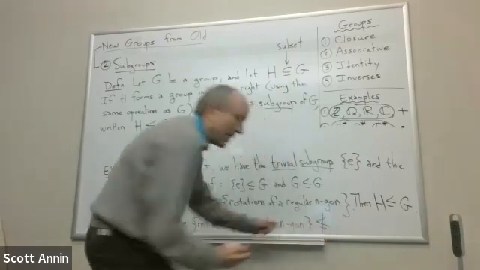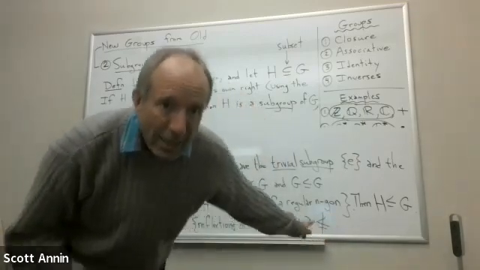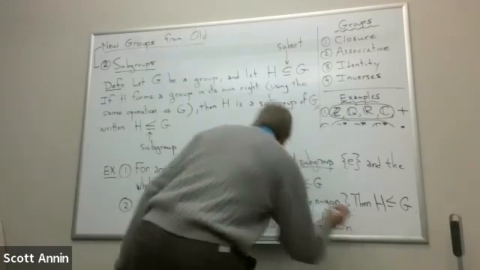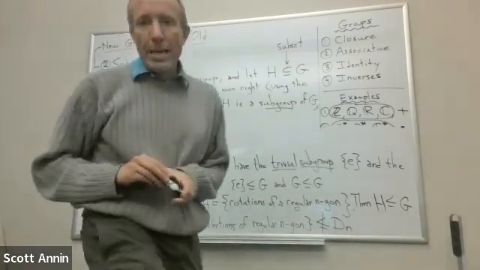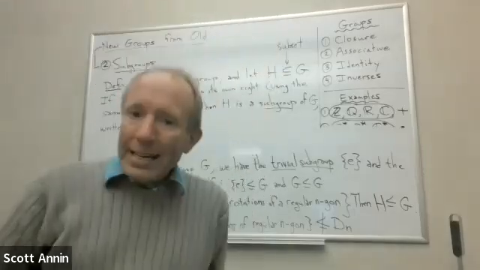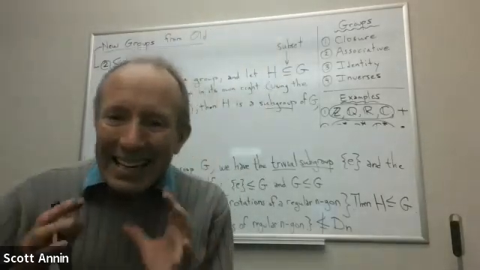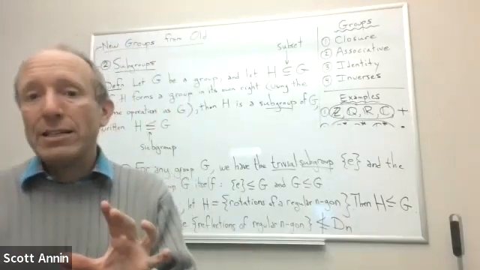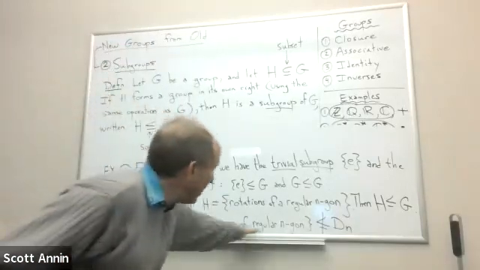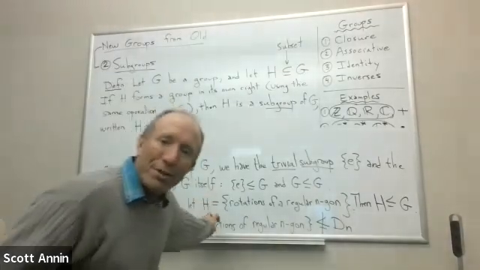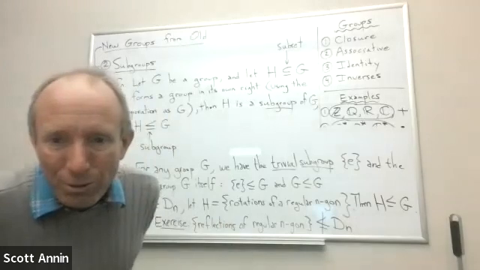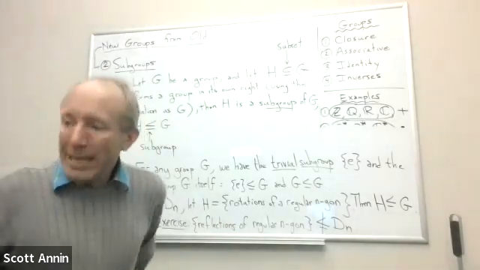I like to use a slash through the less than symbol for that, which is a good notation to practice. Well, it doesn't have an identity element, right? The identity element was that rotation through 0 degrees. So the identity element is not a reflection. It's not part of this set H right here, and so we don't have a subgroup. It didn't form a group in its own right.